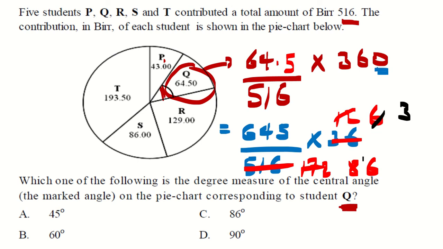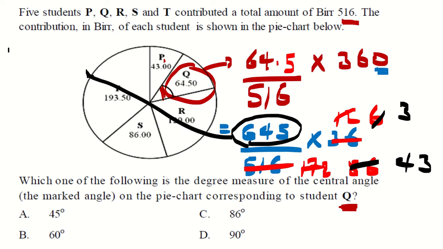By 2, this will be 3, and this 43. But 645 has 43 in it. You can multiply by 3 and divide by 43, or you can express 645 as 15 times 43, the whole over 43, times 3, don't forget it.